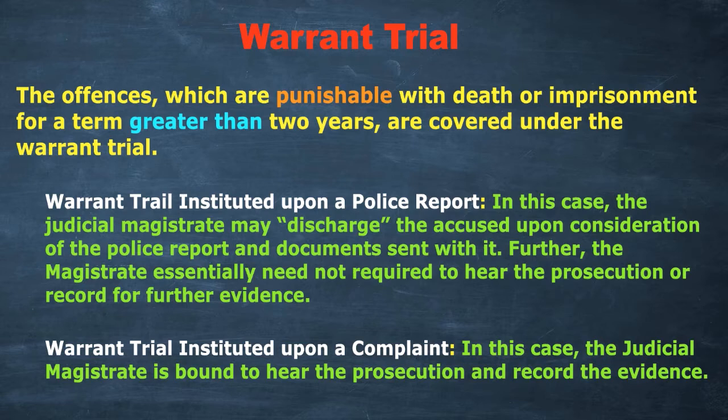But in this case, when the victim files a complaint, the judicial magistrate is bound to record the evidence and listen to the prosecution. So these are the two types of warrant trial.